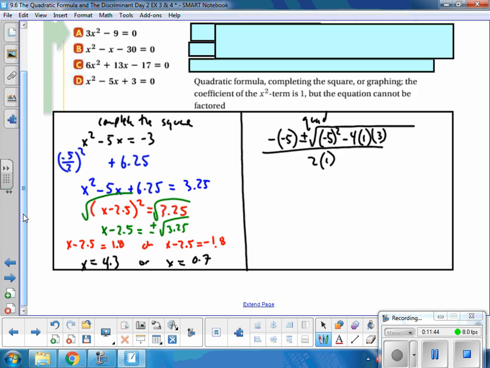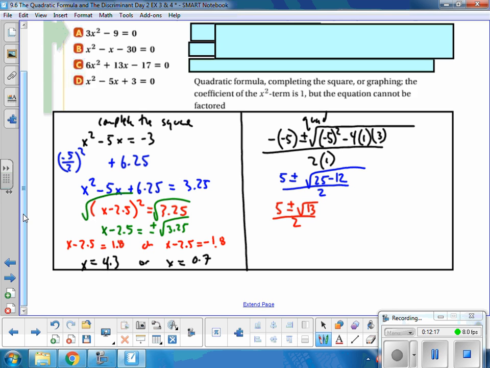Simplify this, and I end up with 5 plus or minus the square root of 25 minus 12, all over 2. Simplifying that, I end up with 5 plus or minus the square root of 13 over 2. My discriminant is 13, which is greater than 0, so that tells me I'm going to have 2 solutions on this one.